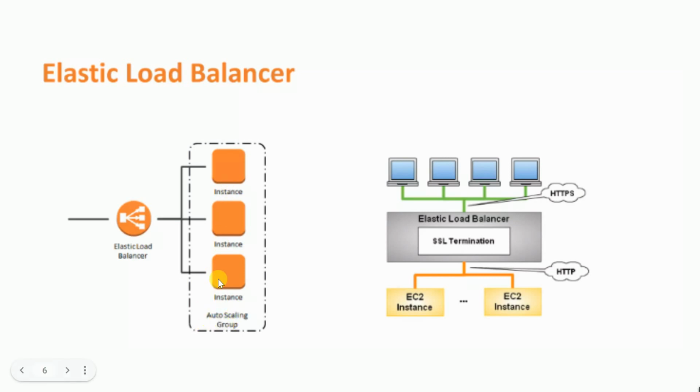So if three nodes are fully used, then a new instance will be automatically introduced. New requests are served from the auto scaling, and if the traffic goes down, again that additional instance will be terminated automatically. Also SSL is terminated at the elastic load balancer.